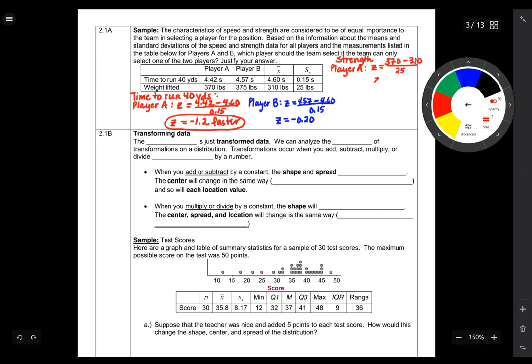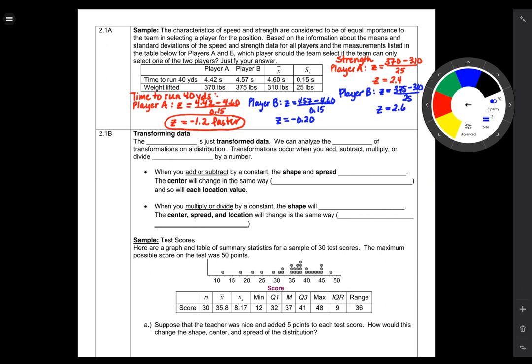And that gives me a z-score of 2.4. For player B, we have 375 pounds minus the same 310 divided by 25. And that gives me a z-score of 2.6.